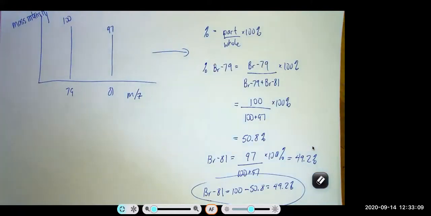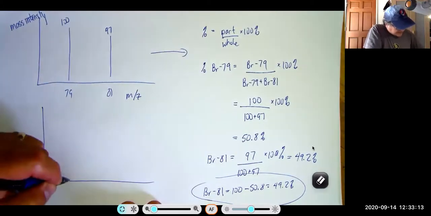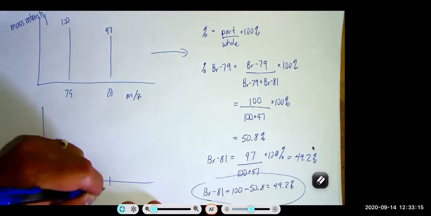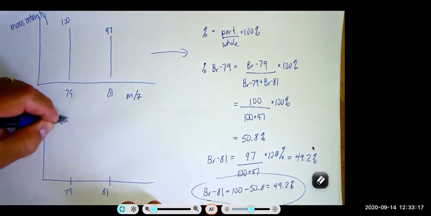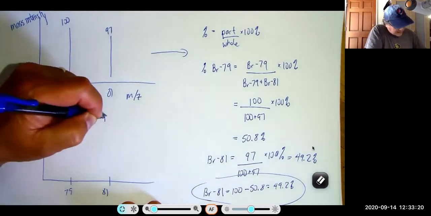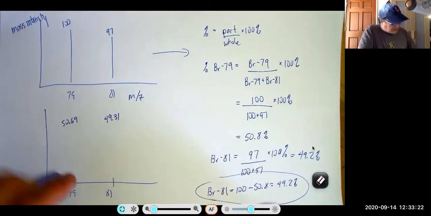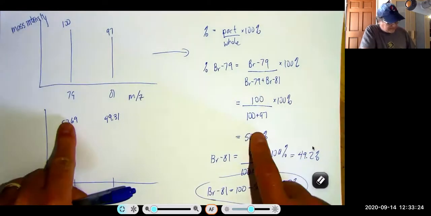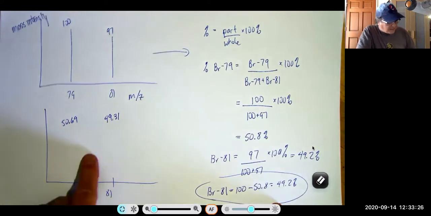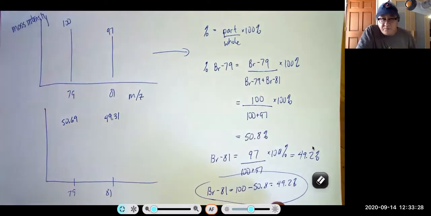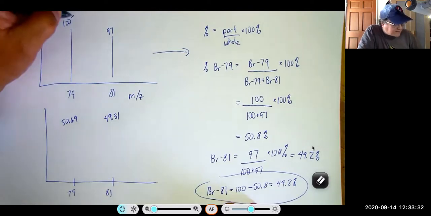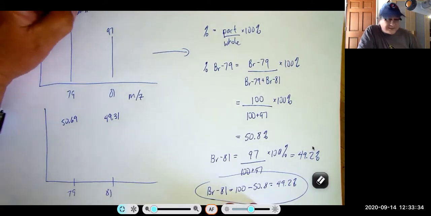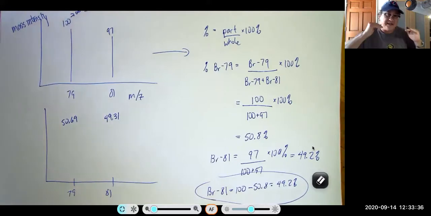Now the reality is the percentages happen to be 50.69 and 49.31. So these aren't bad if I round off to two significant figures on that 97. This has infinite sig figs because it is defined that one is exactly 100.